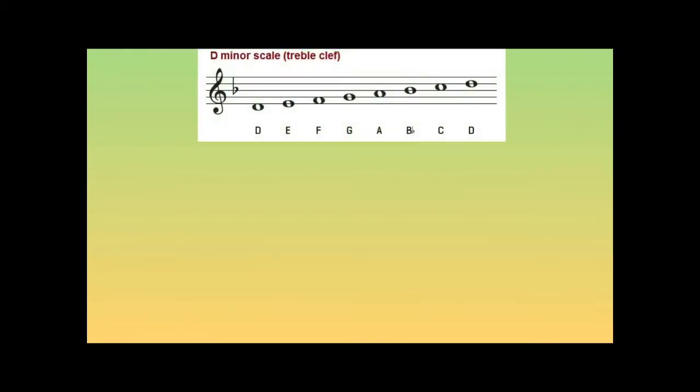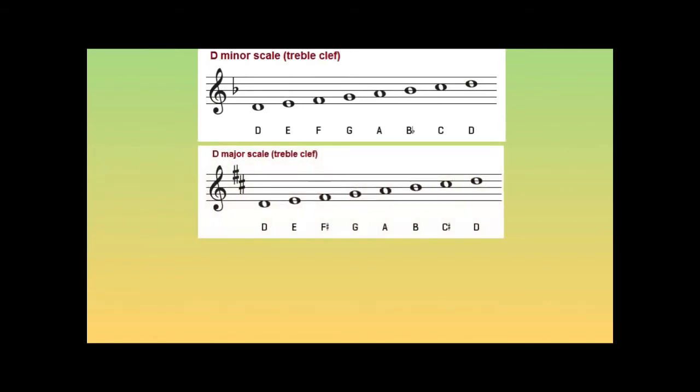Let's see another example. D minor starting and ending on D, with the same key signature as its relative major, which is F major, which has one flat. D major, starting and ending on D, but with two sharps, F sharp and C sharp.